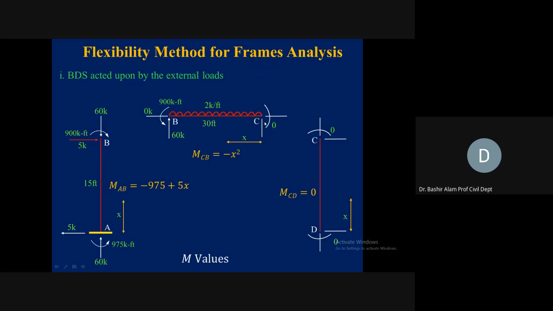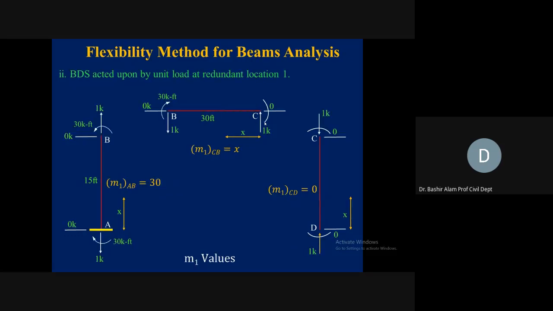For MCD, D is the origin and the moment equation is 0. Similarly, for M1 values, for member AB, A is the origin, moment equation is 30. For BC, C is the origin, moment equation M1 is X, and for CD, D is the origin and the moment is 0.